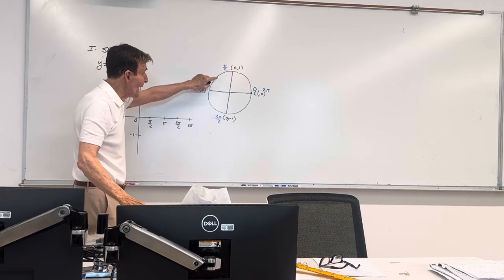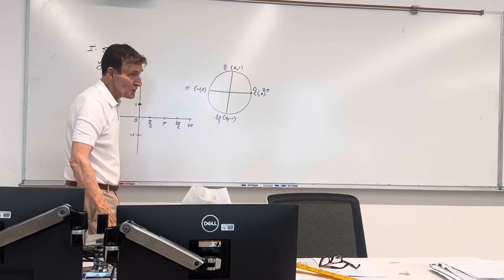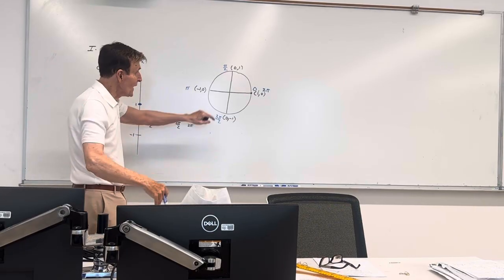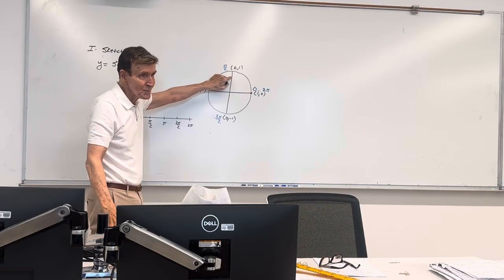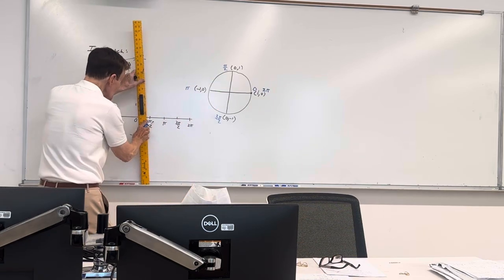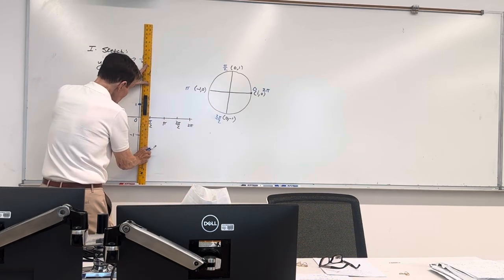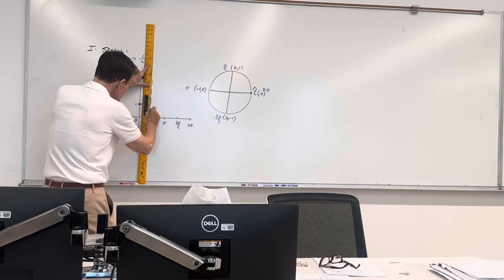If I move up to pi over 2, which is right here on the unit circle, and I do the same thing, 1 over x, where x is 0. It's undefined. So 1 over 0 does not exist. That means this graph has, as you saw last week, an undefined value represented by an asymptote.